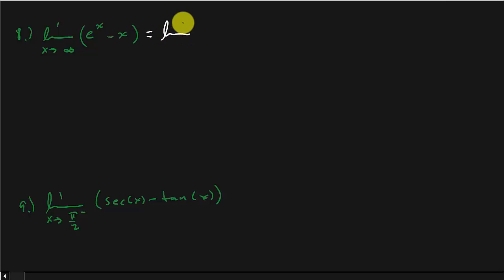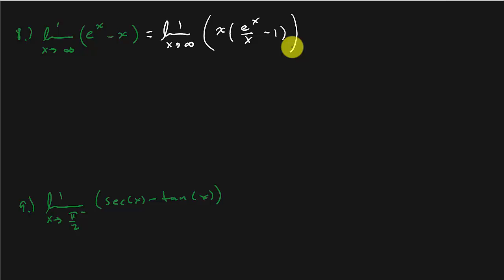So this limit as x goes to infinity, I'm going to factor out x, and that's going to leave me with e to the x over x minus 1. See that? And so looking at this, what's going to happen?